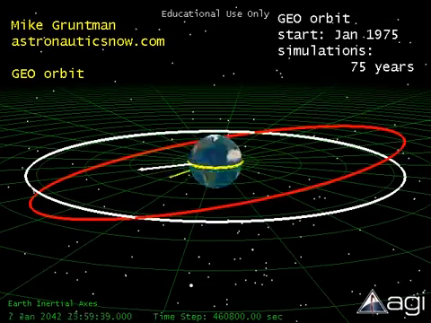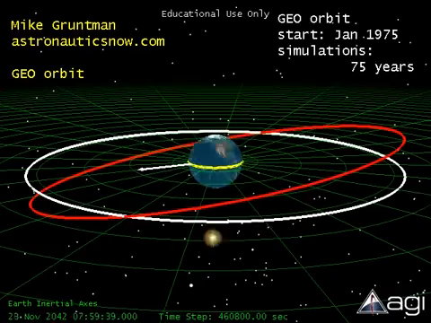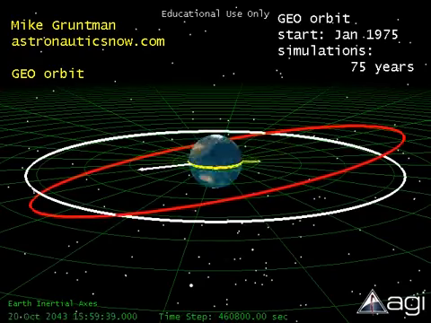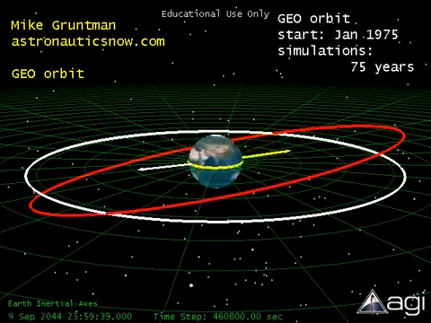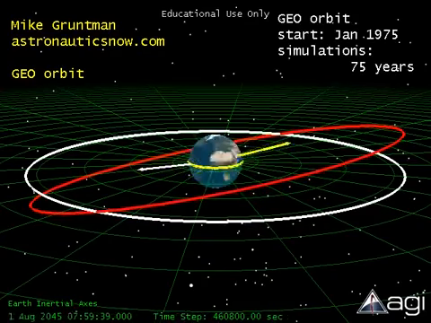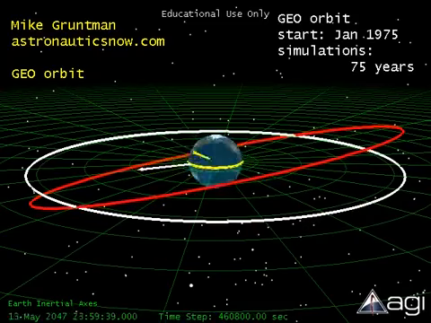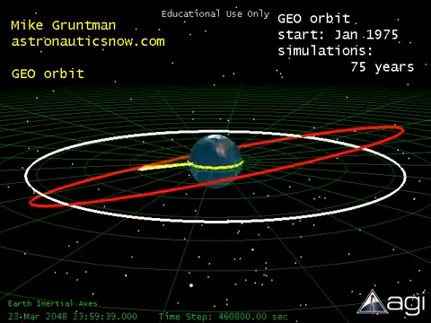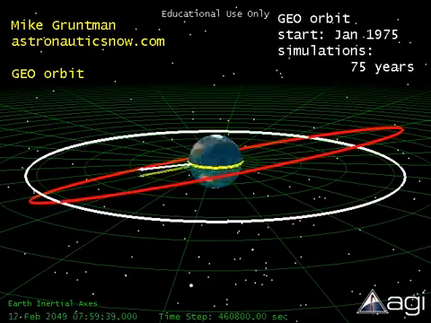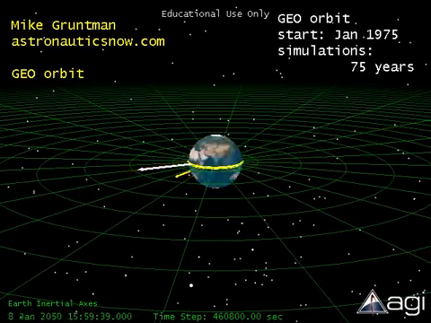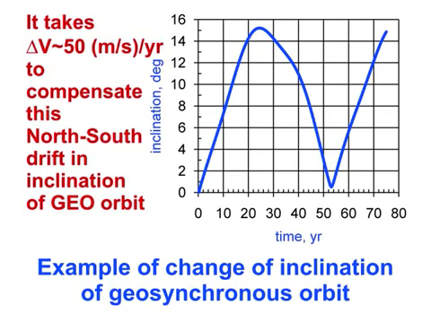As you have seen, our geostationary orbit plane has reached back the equatorial plane and is now increasing inclination again. Such quasi-periodic change in orbit inclination with a period of roughly 55 years is typical for geostationary satellites. The final figure in this video shows a graph of inclination change with time illustrating this quasi-periodic motion.